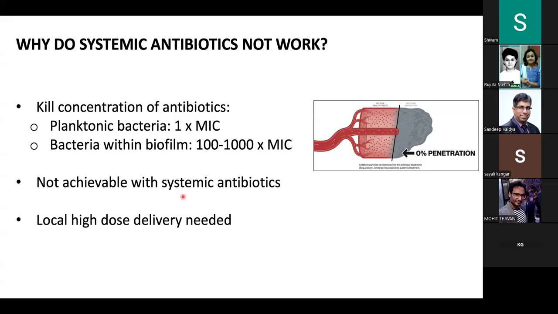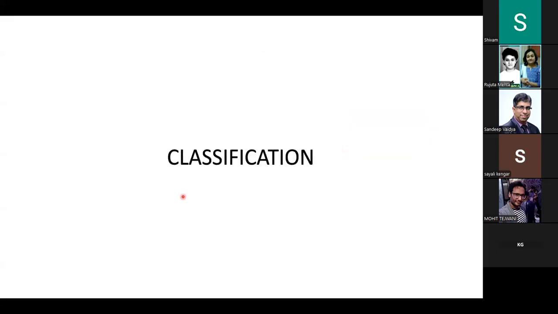And this level of antibiotic concentration is not achievable with systemic antibiotics because that can lead to systemic toxicity. So IV antibiotics, or systemic antibiotics, are not effective in chronic osteomyelitis. What is needed over here is local high dose antibiotic delivery, which we will see soon in the section of management, which forms an integral part of management of chronic osteomyelitis.